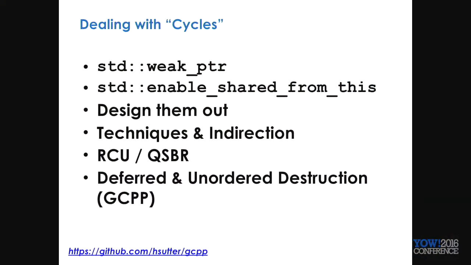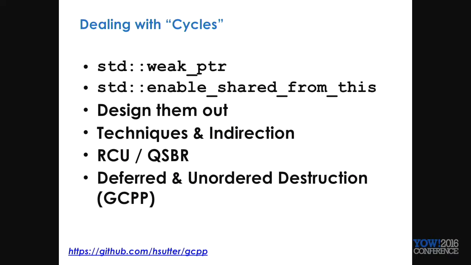RCU, read, copy, update, quiescent state-based reclamation are other techniques. RCU, used in a Linux kernel. A lot of the reasons why you come up with cycles is because of the relationships and dependencies that are there. Some of those are not truly your responsibility. Deferred destruction is a way of handling that. It is garbage collection.